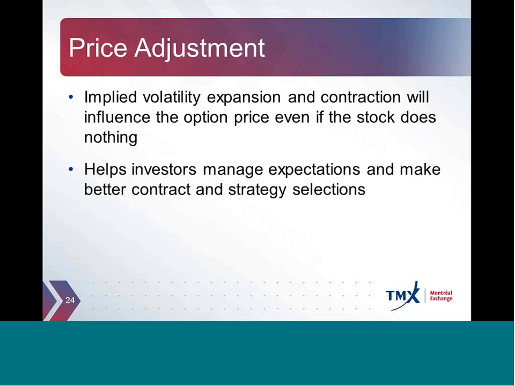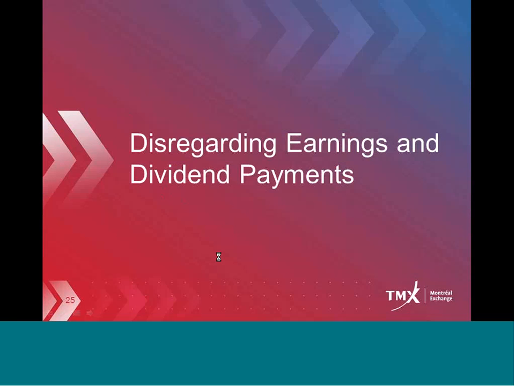I'll look to implementing a bull call spread or a bear put spread to help offset that expansion of implied volatility. So it's just one way that you can use these two variables to help make a better decision when it comes to selecting your strategy.